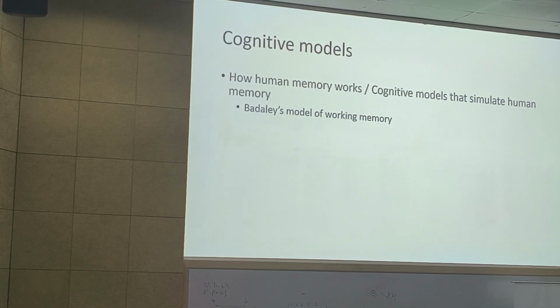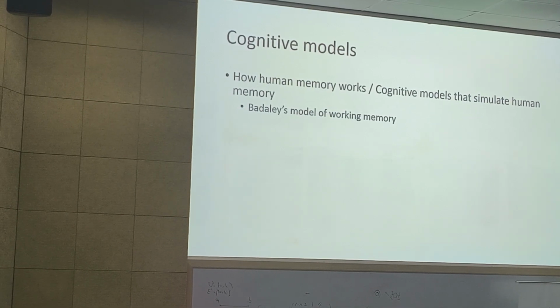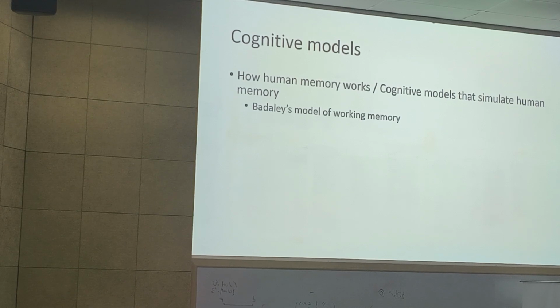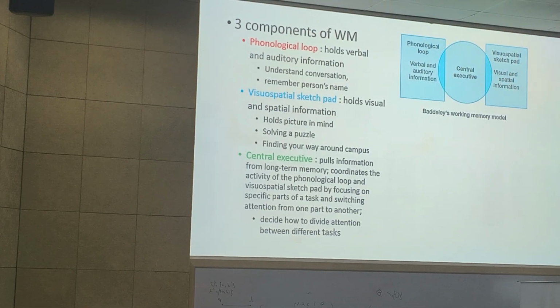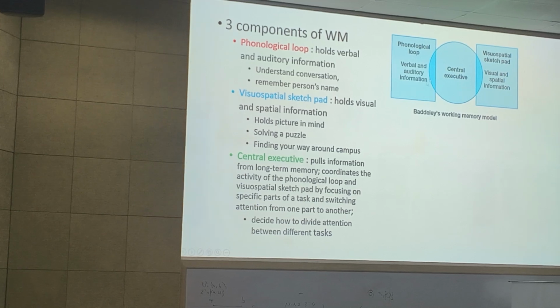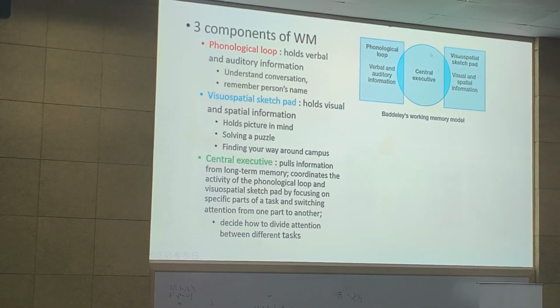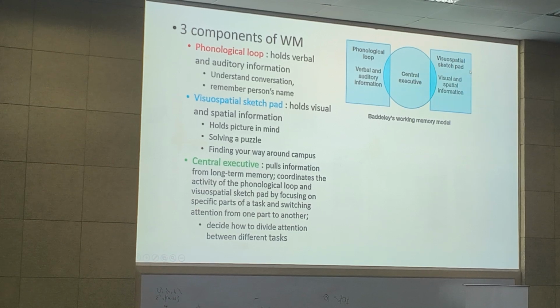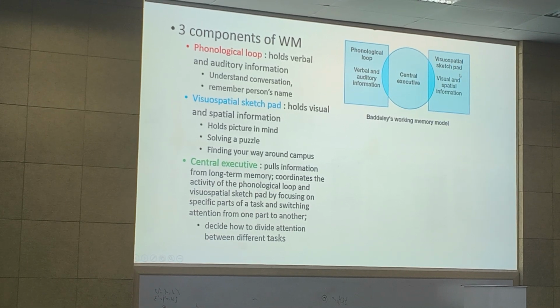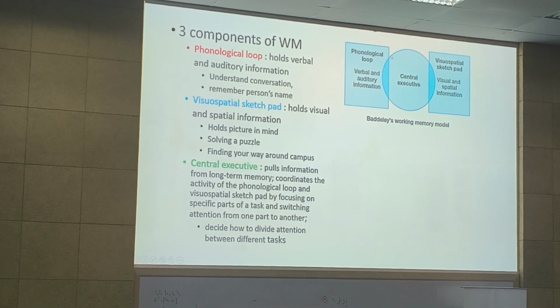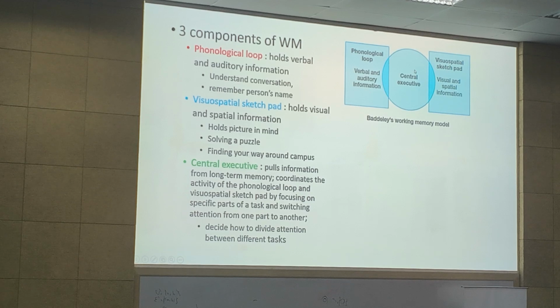One example is the one specific for working memory that has at least three components. So one is called the phonological loop, which is basically responsible for the verbal or auditory aspect. Another one is the visuospatial sketchpad, which is on the visual aspect, and another one is basically the middleman who is responsible to pull information that comes from both the phonological loop and the visuospatial sketchpad.